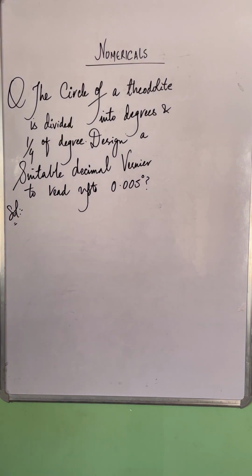So the question is, the circle of a theodolite is divided into degrees and 1/4 of a degree. Design a suitable decimal vernier to read up to 0.005 degrees.